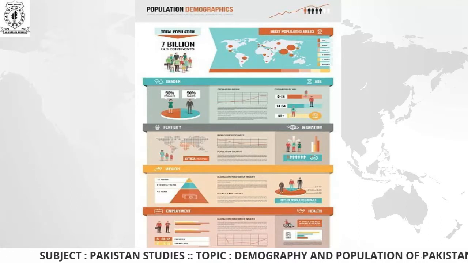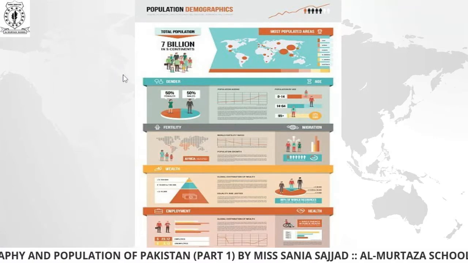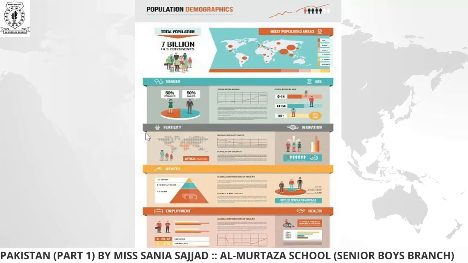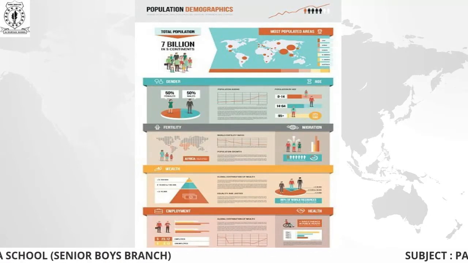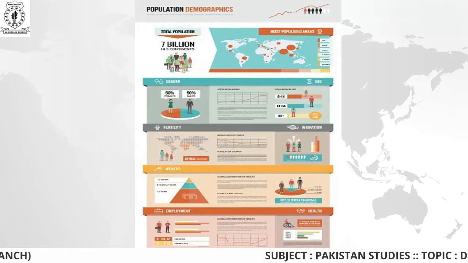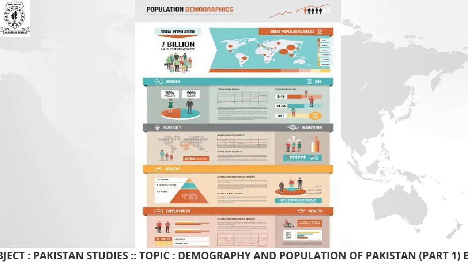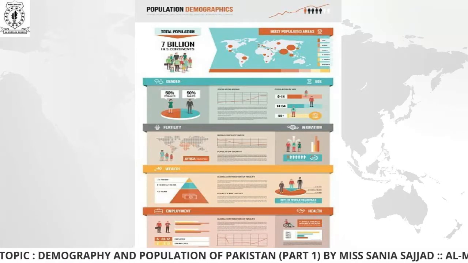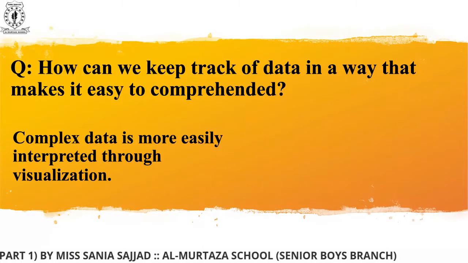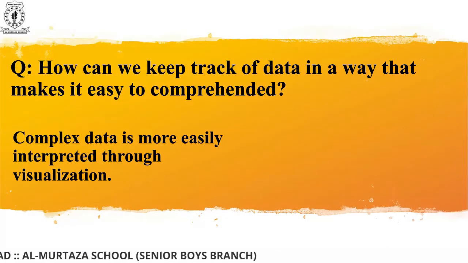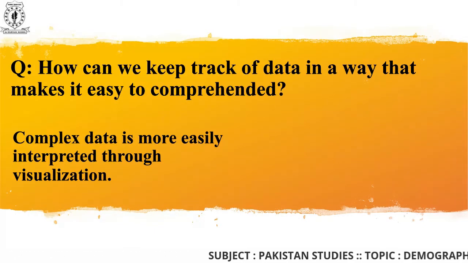Whenever we are talking about population demographics, we are automatically talking about gender, fertility, wealth and employment. It is dependent on these factors. One way that demographers and experts in the study of statistics represent the internal distribution of population is the population pyramid. But before moving forward, you should know how we can keep track of data in a way that makes it easy to comprehend?